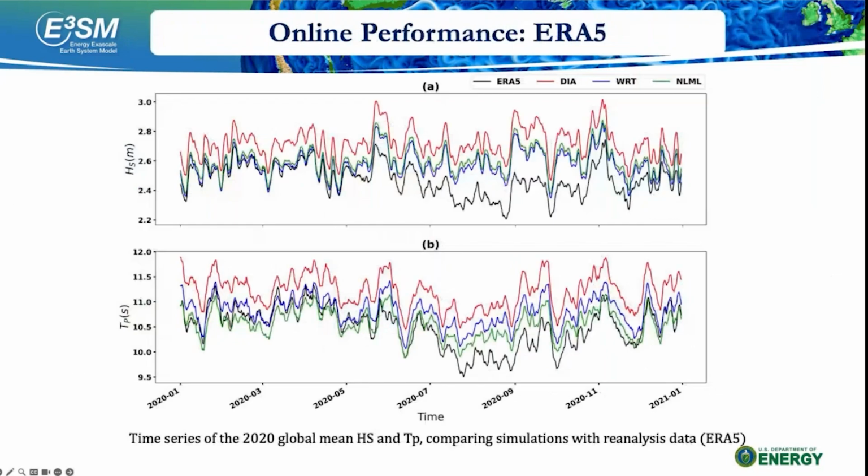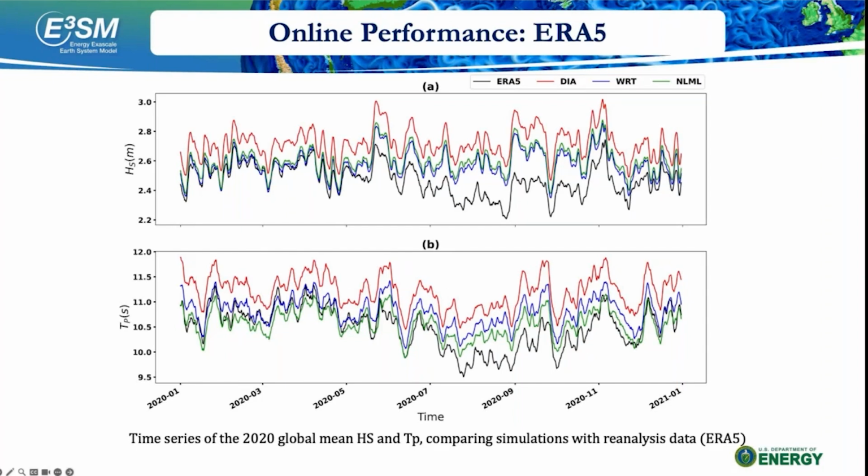Like I said, we'll be comparing our performance with ERA5. We compare the three parameterizations, WRT, DIA, and ML, against the analysis data from ERA5, with the same significant wave height and peak wave period. This is showing the global mean time series of that.